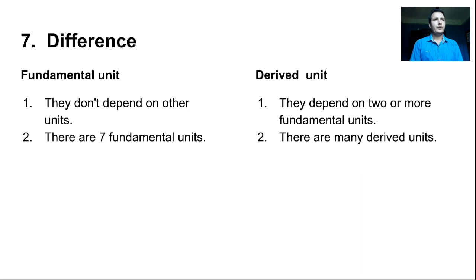Fundamental units, you have learned this in the definition also, right? Another difference is there are 7 fundamental units, but there are many derived units. Just now you saw in the table also, right? There are more derived units.